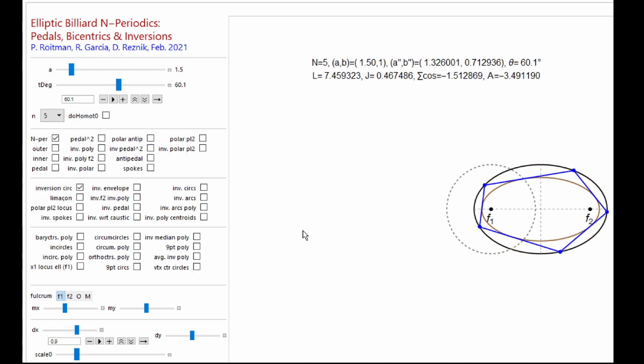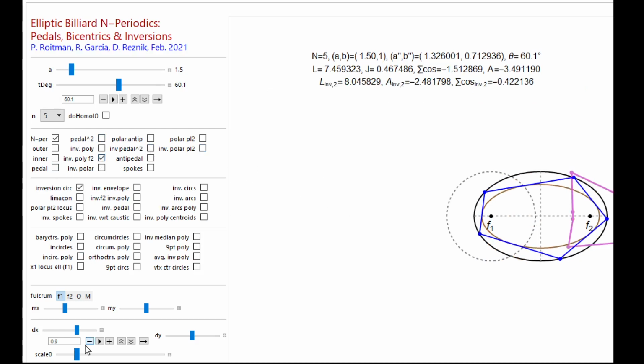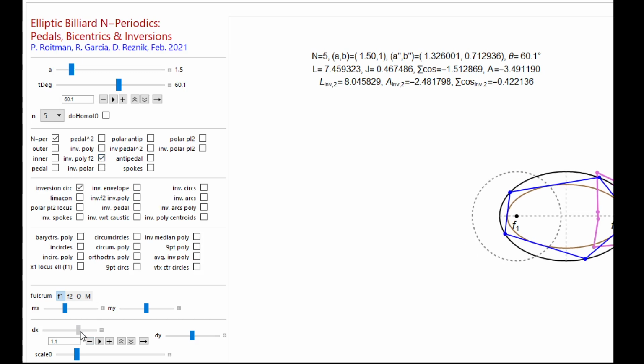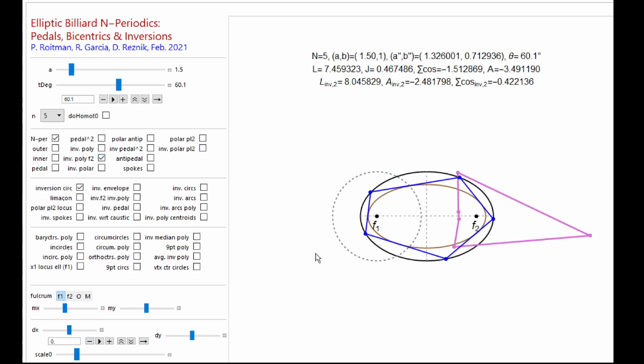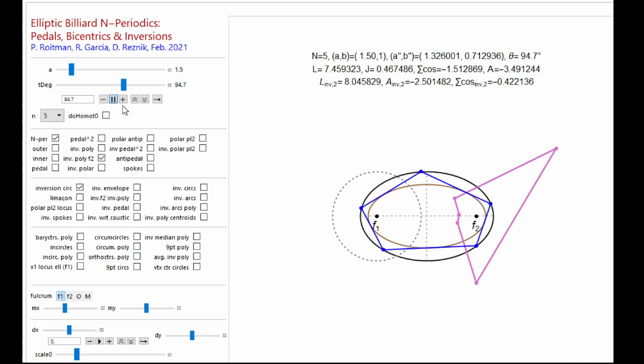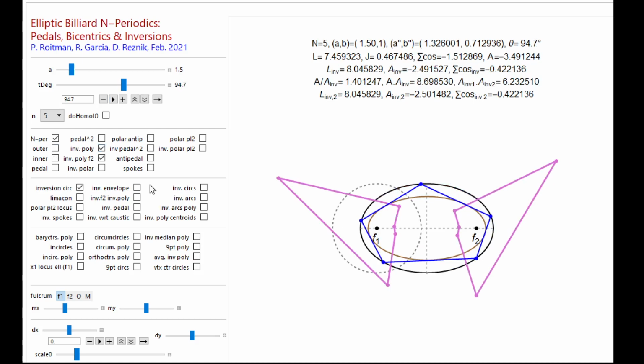Okay. I'm going to start by inverting the vertices of this. Recall the first inversion that we did. We inverted the vertices of the 5 periodic with respect to F2. Okay. Let me invert the vertices of the 5 periodic with respect to F1. Okay.